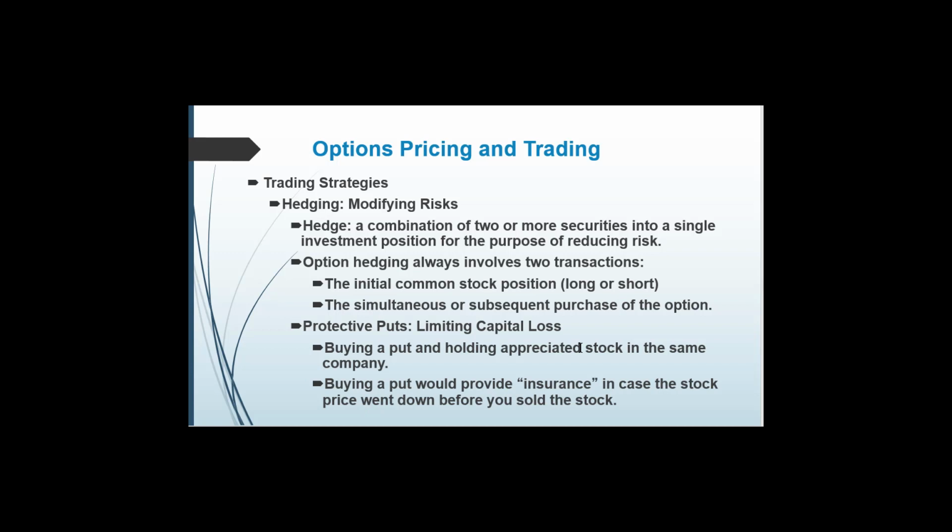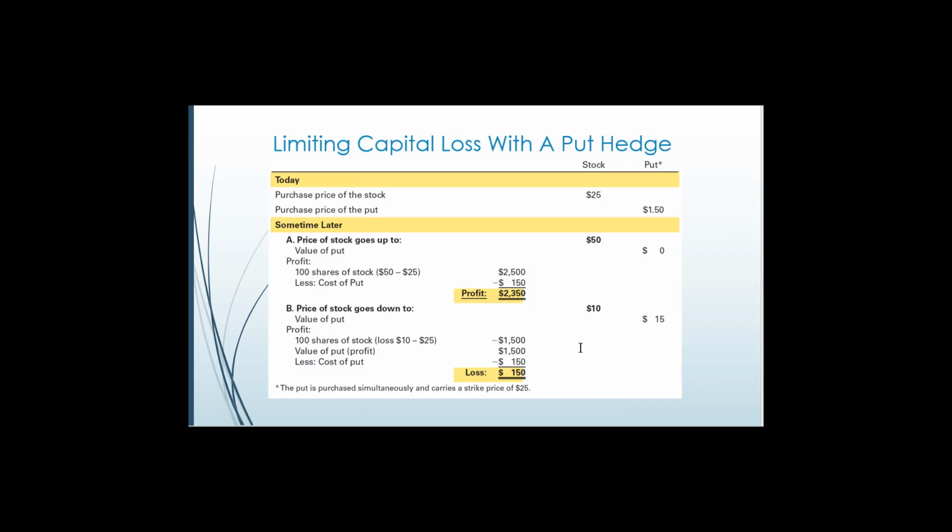If you buy a put, if the value goes down, the put is going to go up in value for every dollar that the stock price went down. So buying a put is kind of an insurance policy so that you won't lose value on your investment portfolio should prices move in the wrong direction.